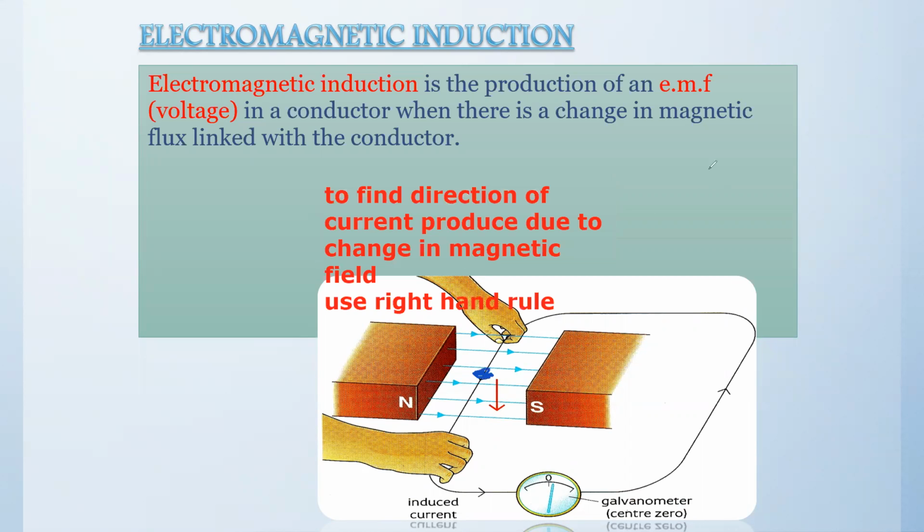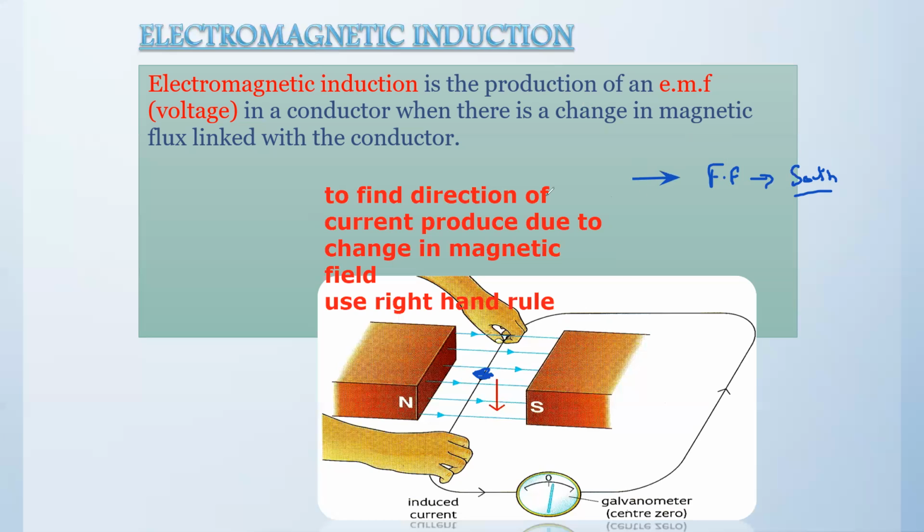So your first finger, your index finger, points towards the magnetic field or south pole. So your right hand index finger should point towards the right hand side because south is on the right hand side.